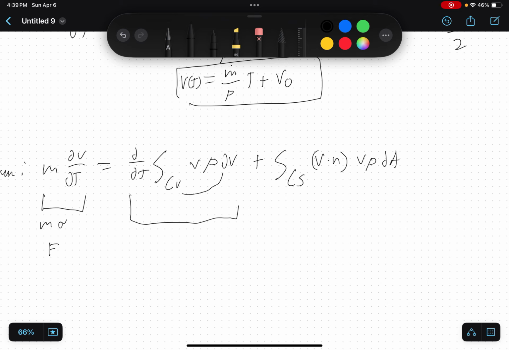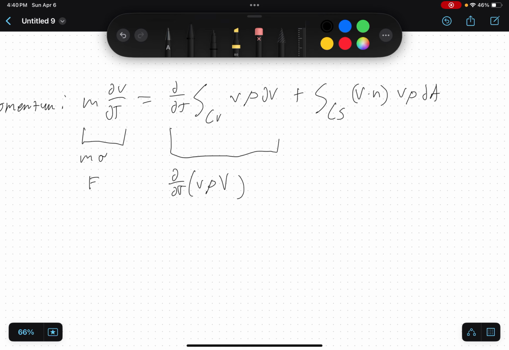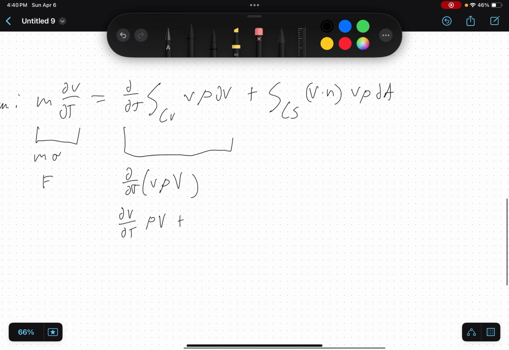All right, let's assume you can bring dv dt out of the integral again. So it'll be d dt of v, density, volume.